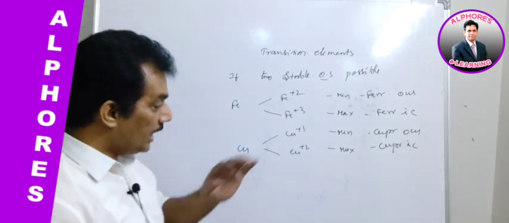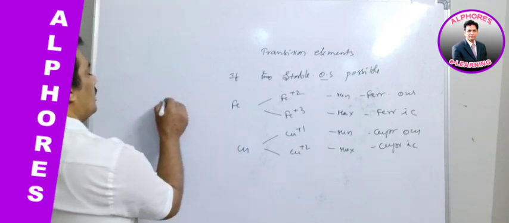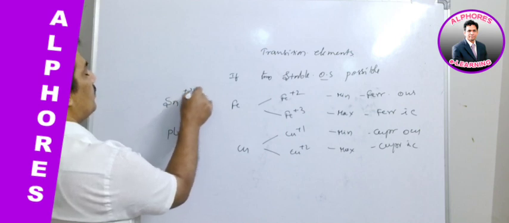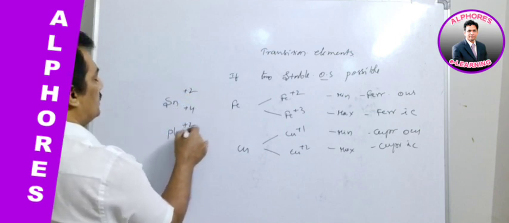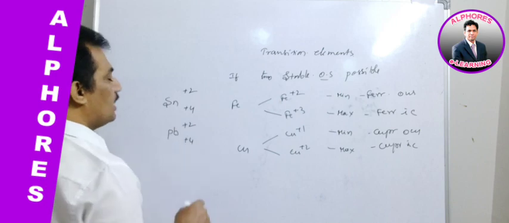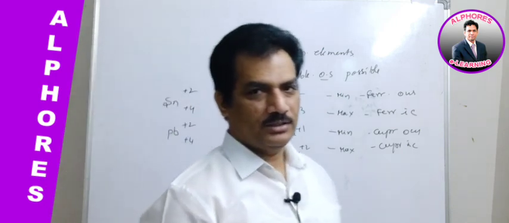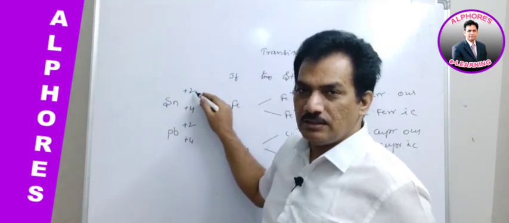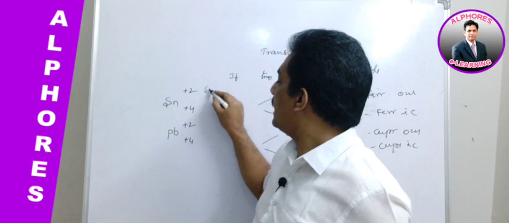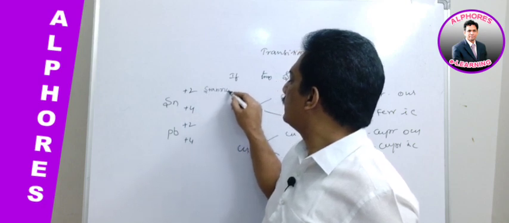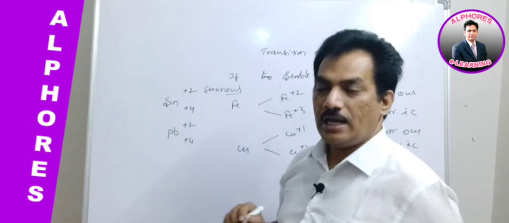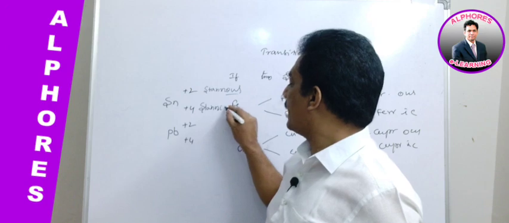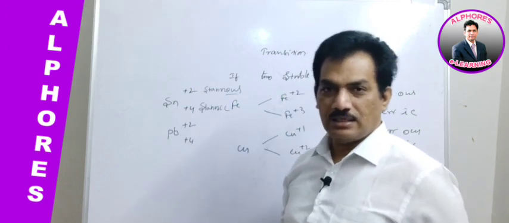Clear? And the same concept we can apply for tin and lead also, where we are assuming +2, +4 oxidation states, and +2 is because of the inert pair effect, is it not? And now in such a case, this +2 is ending with us, thereby it is stannous. Stannous. And now I think you know the name of this. It is stannic. Stannous, stannic.